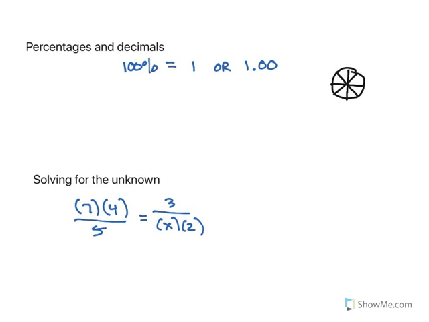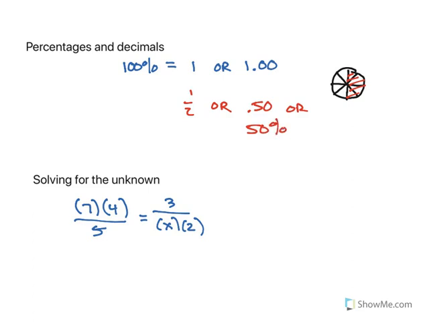So if you only had half of a pizza, let's say your kids came in and ate half of the pizza while you were in the shower, then you would only have one half of the pizza, or 0.50 pizzas, or 50%.